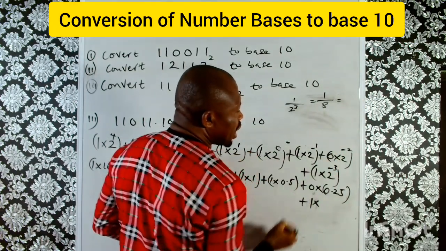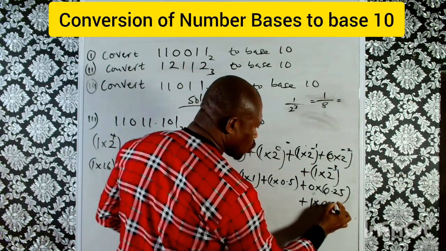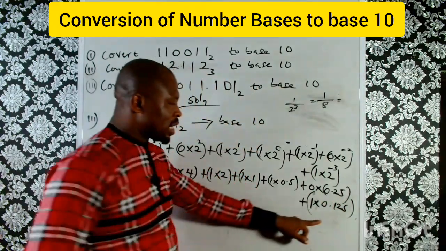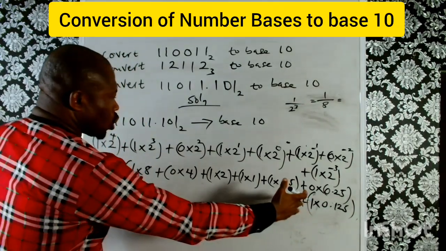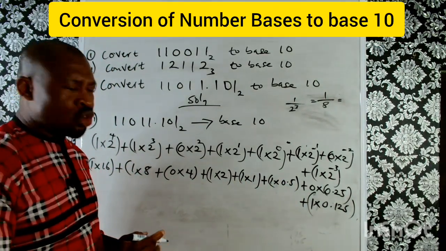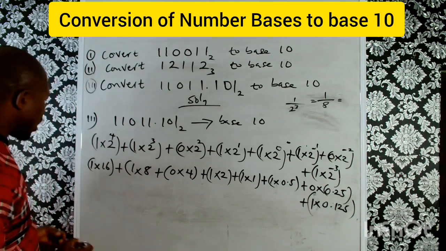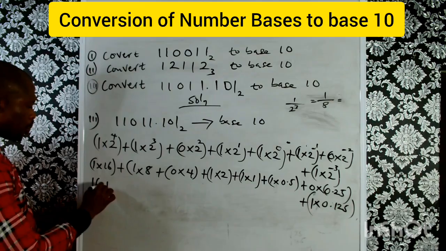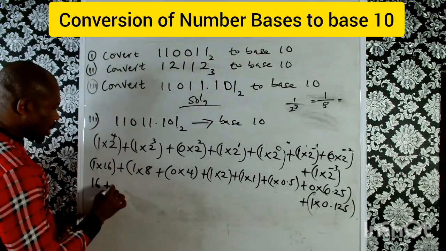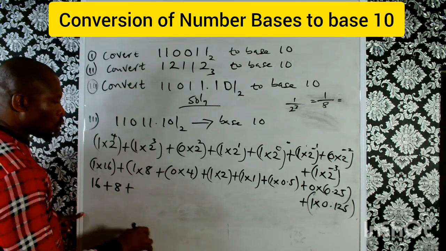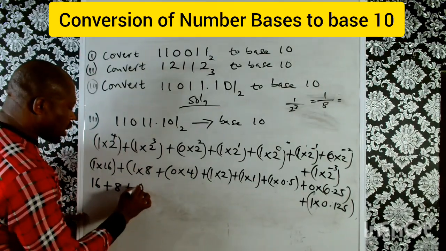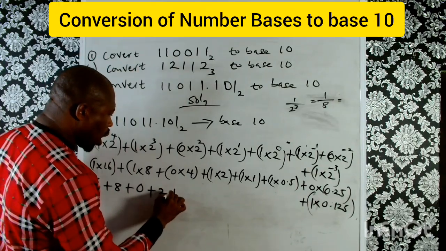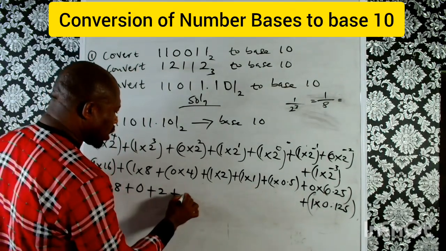Now 1 over 8 is 0.125. Now 1 times this. Now let us bring all of them together. We have 1 times 16 will give us 16, plus 1 times 8 is 8, plus 0 times 4 is 0, plus 1 times 2 is 2, plus 1 times 1 is 1.